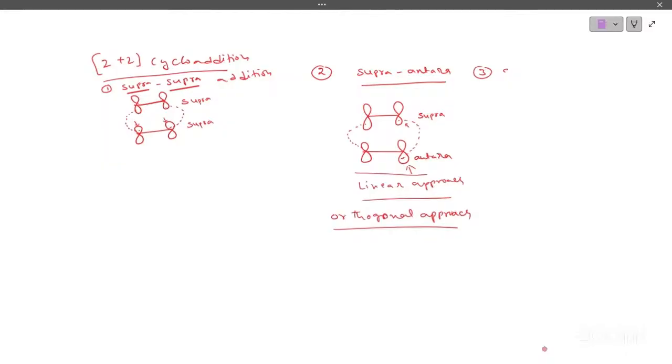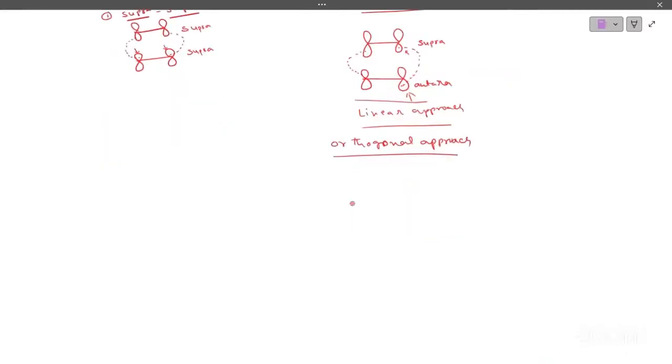How is it explained? Look here. Suppose this orbital is of the pi system, and the orientation of the orbitals is like this. You are watching like this. Suppose I am rotating this orbital by 90 degrees.